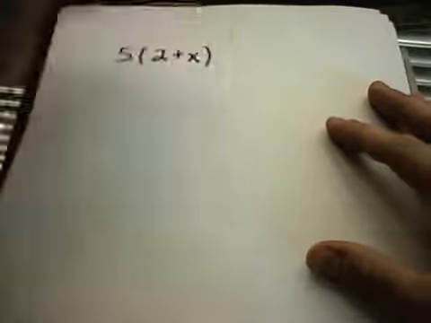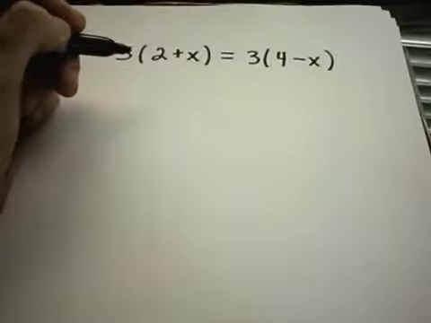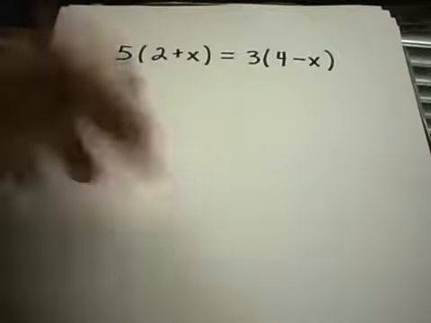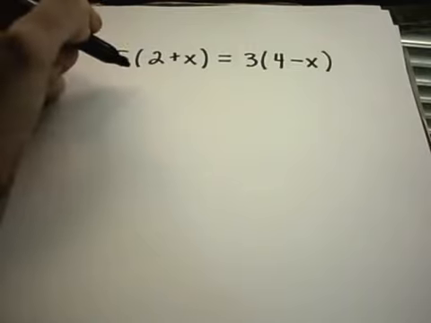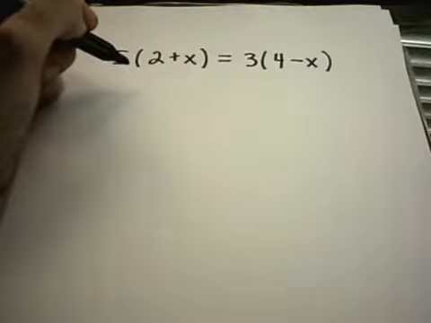Suppose I have 5 times (2 plus x) equals 3 times (4 minus x). So again, the basic idea, what I'm going to do in this case is I'm going to get my x's all on one side, and then I'm going to basically divide by whatever coefficient is left.